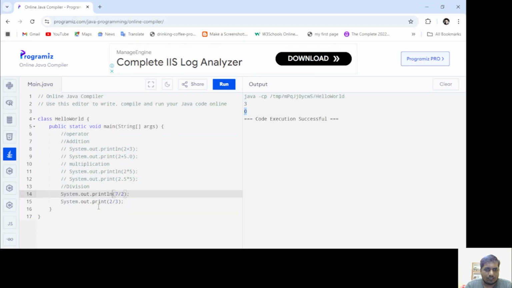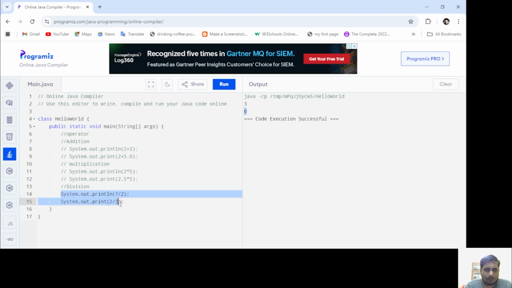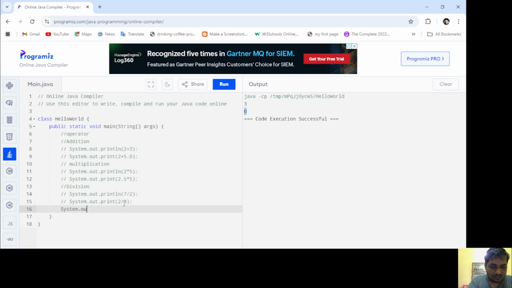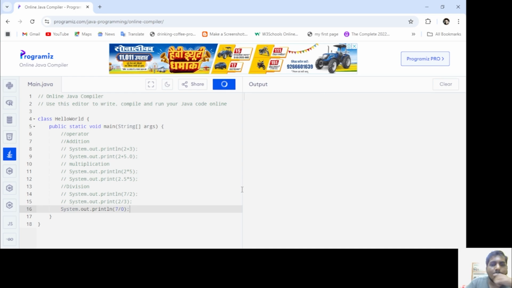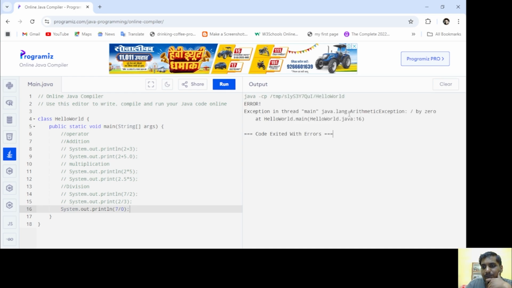Here some operations are performed. I just commented them. Now we'll go to the next line. We write here, let's check it. When we divide 7 by 0 and run, it gives an error called arithmetic exception.